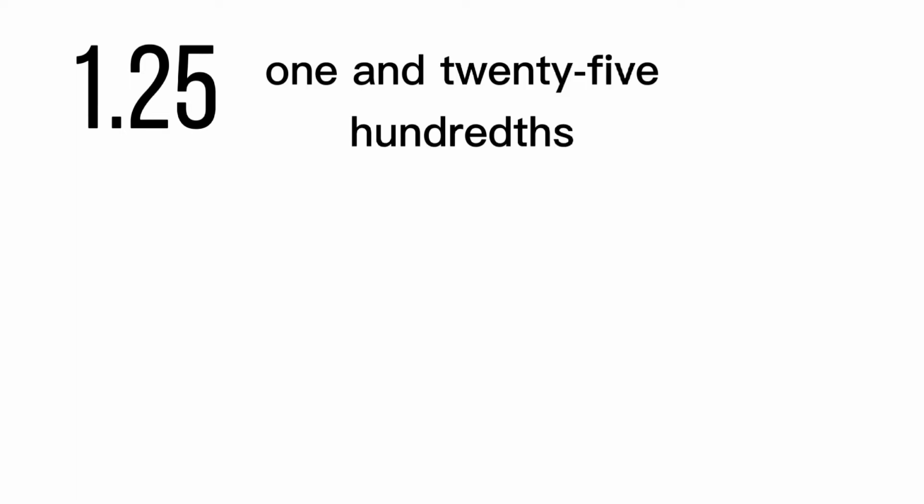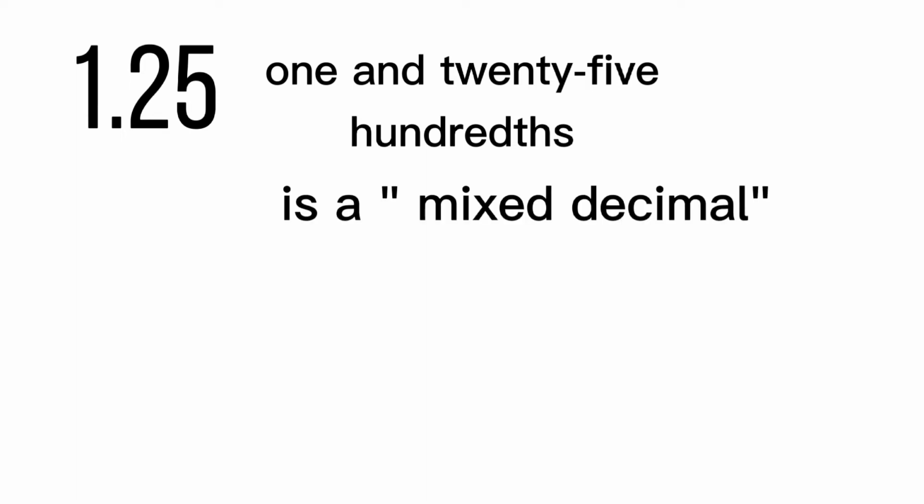Class, what is the given decimal? Very good. It is read as 1 and 25 hundredths. The number 1.25 is a mixed decimal. What is it, class? Mixed decimal. Very good.